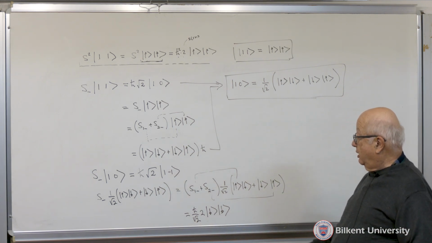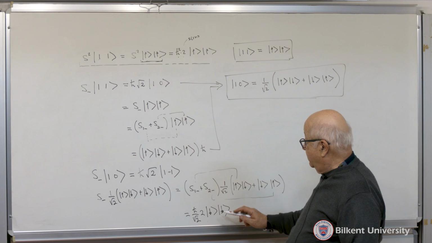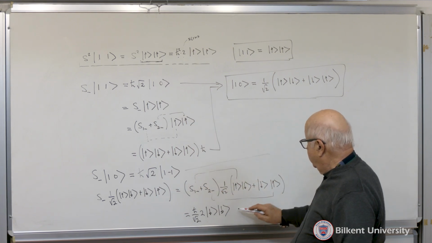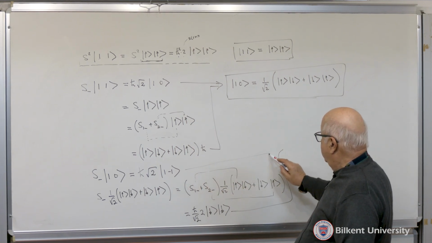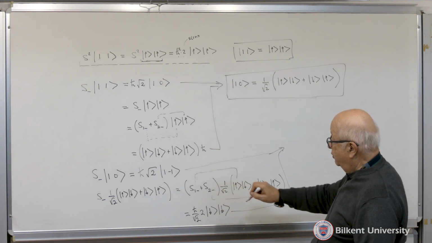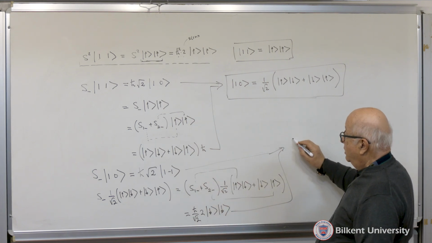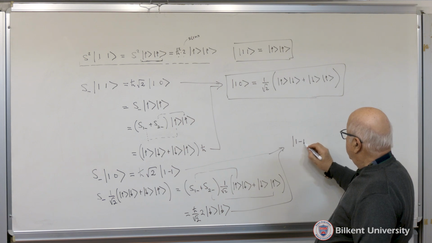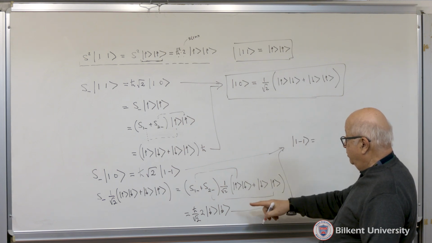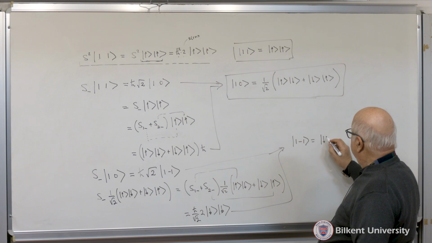Okay, and you see now if I just compare this line with that line, what do I see? 1 minus 1 is equal to down, down, which makes sense, right?